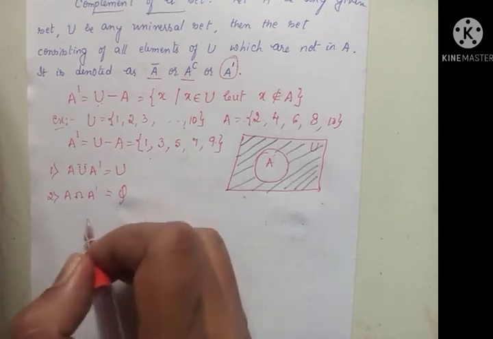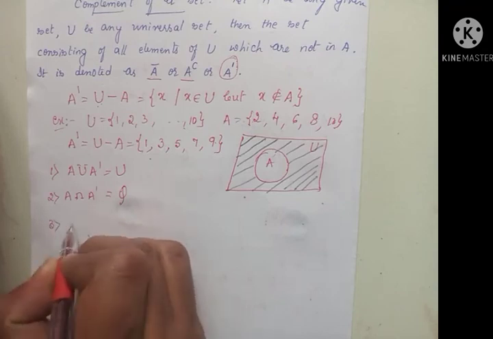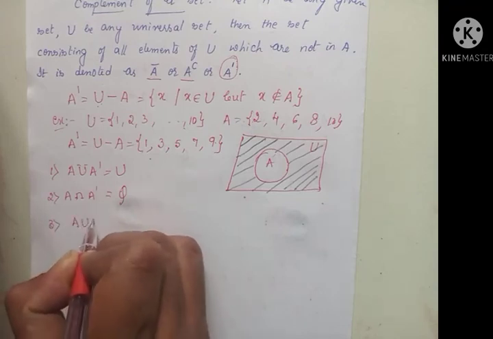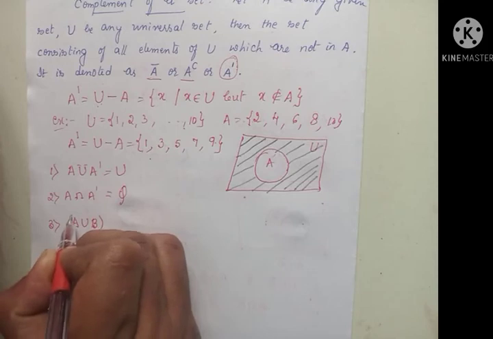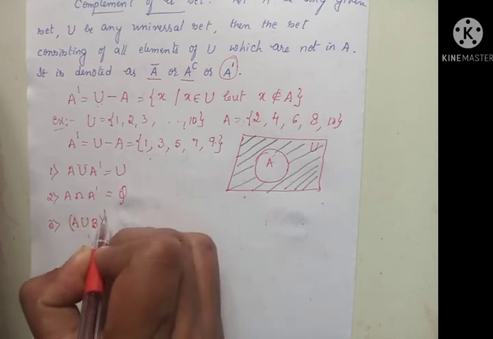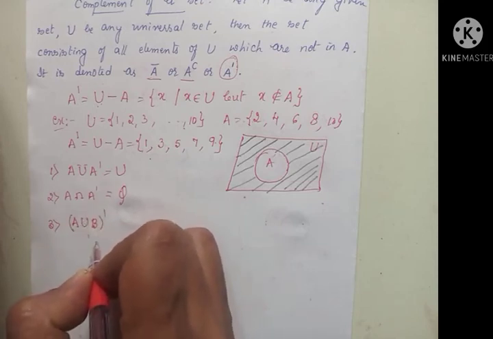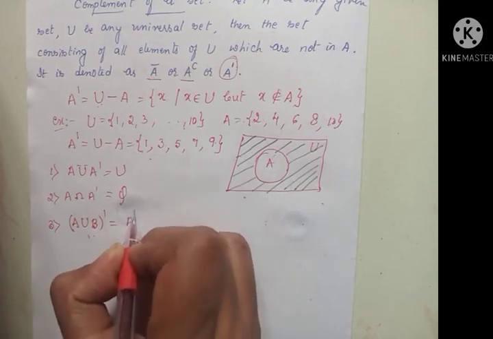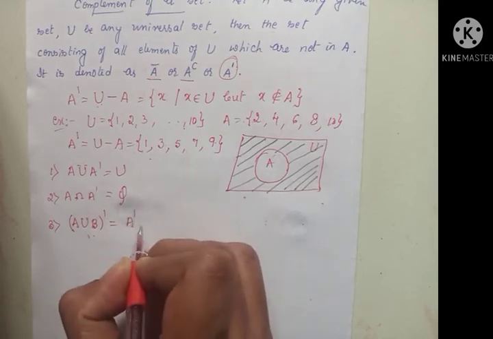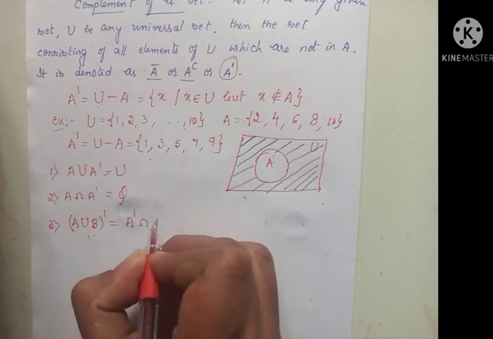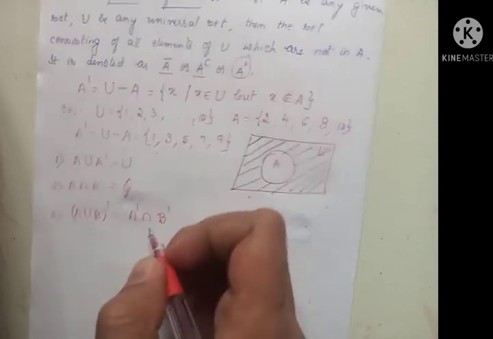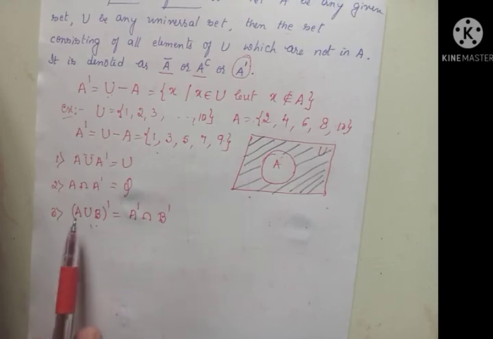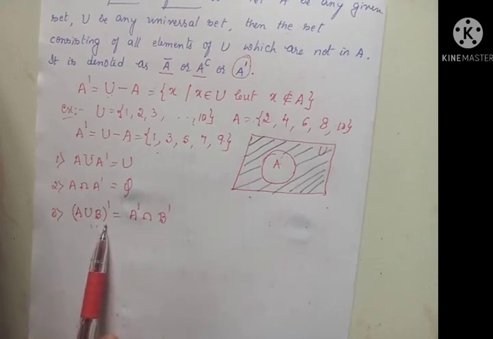Okay. Next, if you take the complement, A union B whole complement can be written as A complement or A dash intersection B dash. These two are equal. That means first take the union of these two.